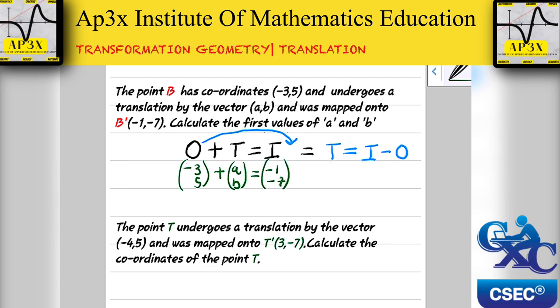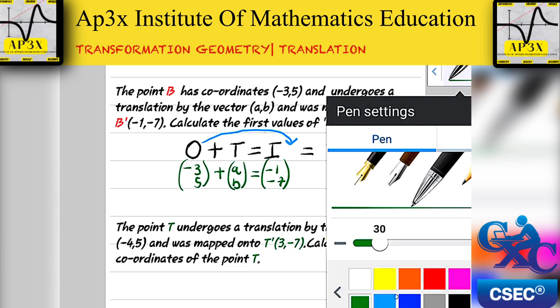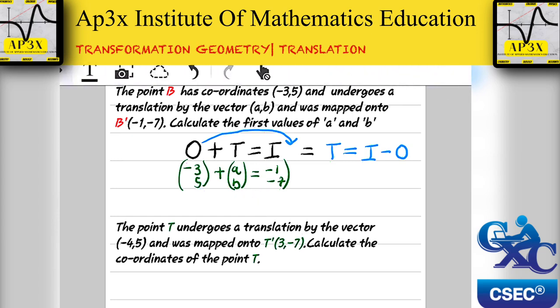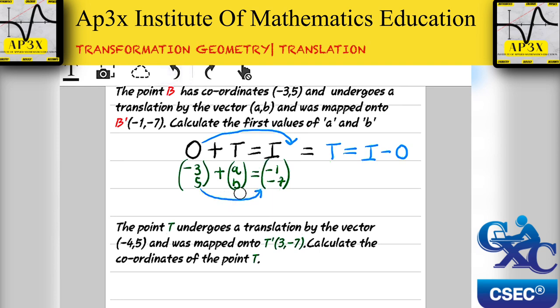Now all I have to do is transpose, or carry over, the whole matrix (-3, 5). So I'm going to carry this matrix over. Please note that whether it goes in front or behind doesn't matter, as long as you make the subject negative.